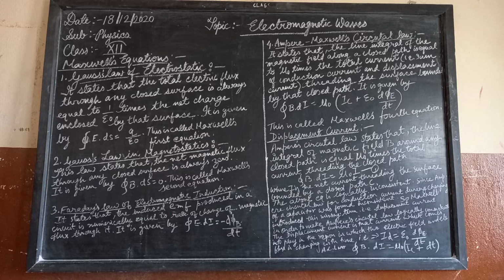It states that the line integral of the magnetic field along a closed path is equal to mu 0 times the total current, that is the sum of the conduction current and displacement current threading the surface bounded by that closed path, and it is given by B dot dl equal to mu 0 IC plus epsilon 0 d phi E upon dt. This is called Maxwell's fourth equation.